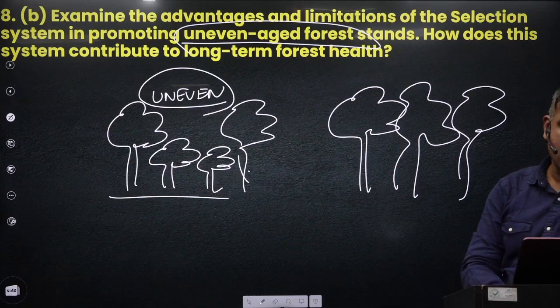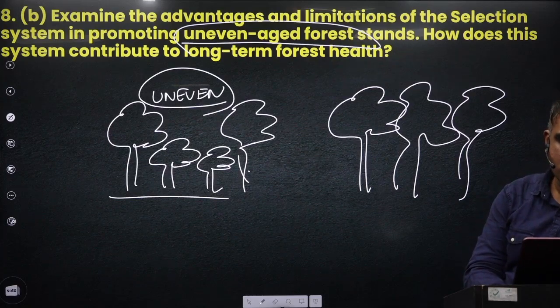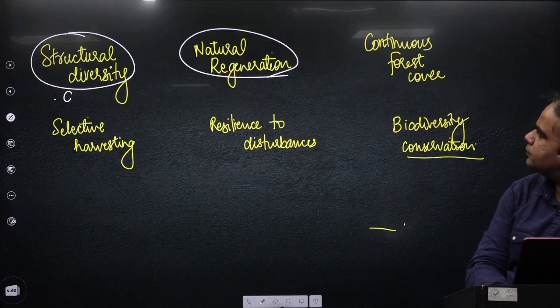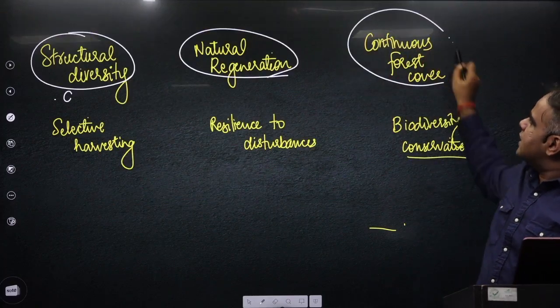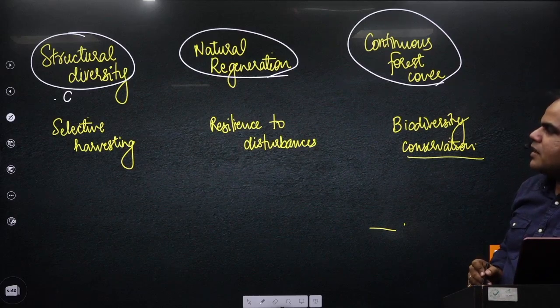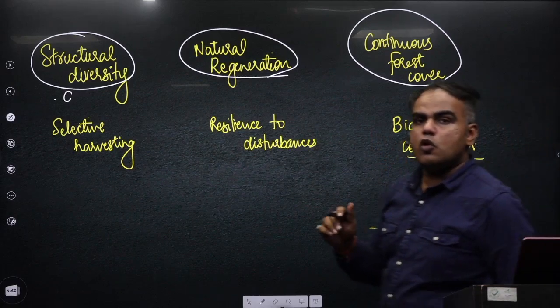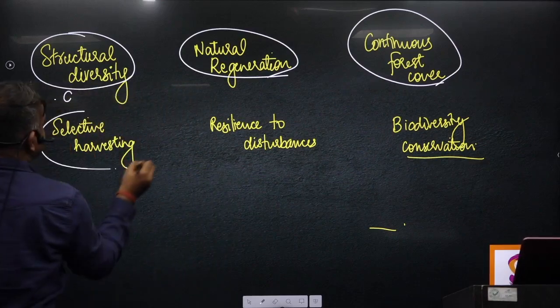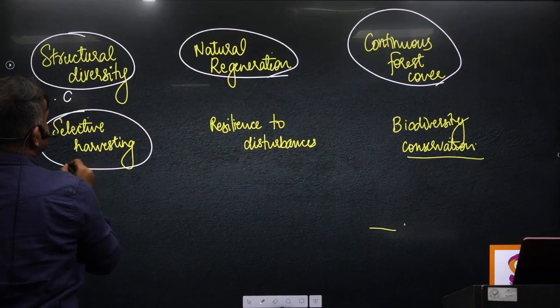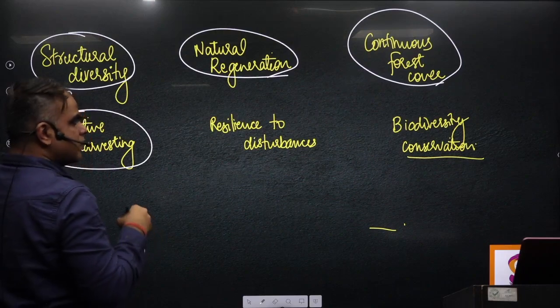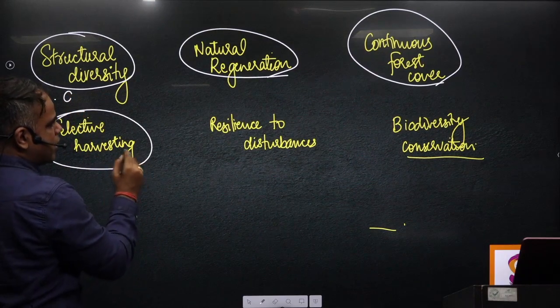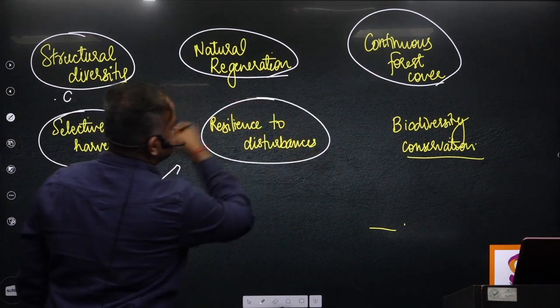This will also go a long way overall, so this can also be mentioned here. It helps in continuous forest cover. Plus with uneven-aged stands, you are also going to go for selective harvesting. That is the whole part of the selection based system. It is sometimes helpful because it is resilient to disturbances.